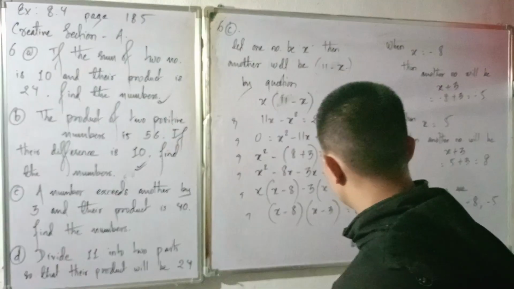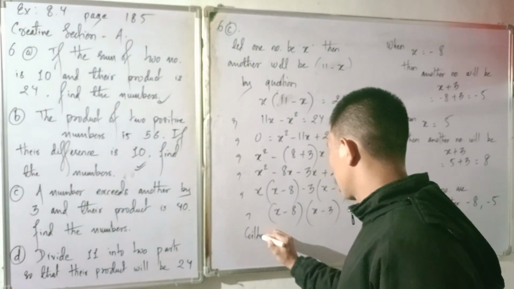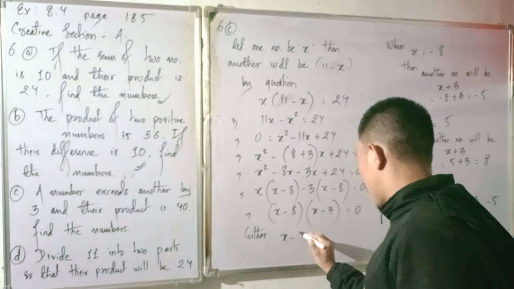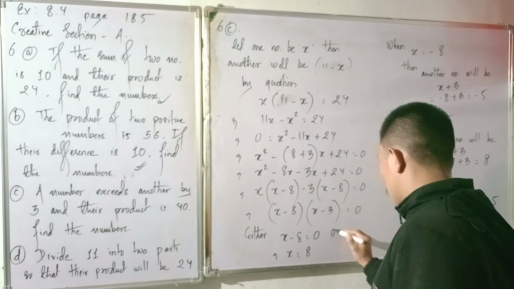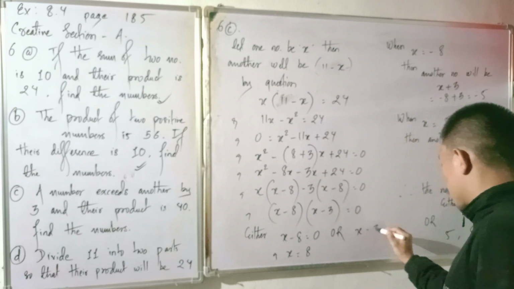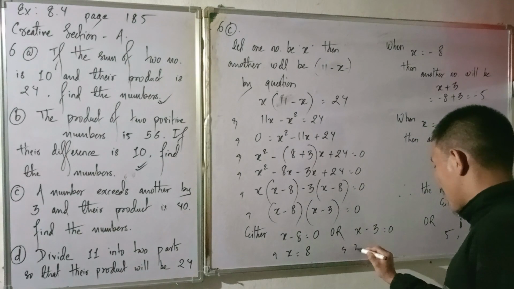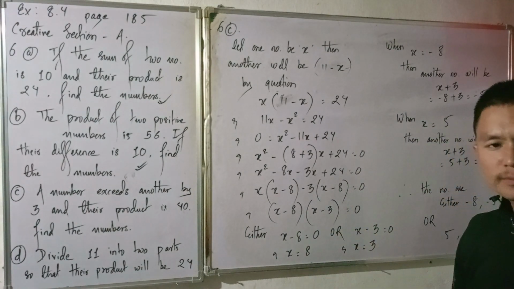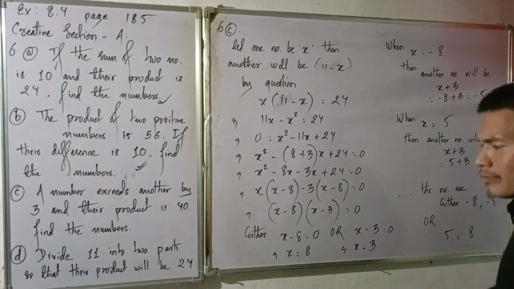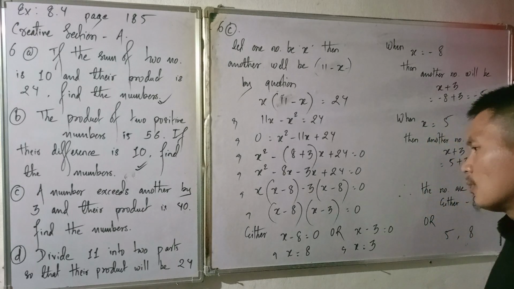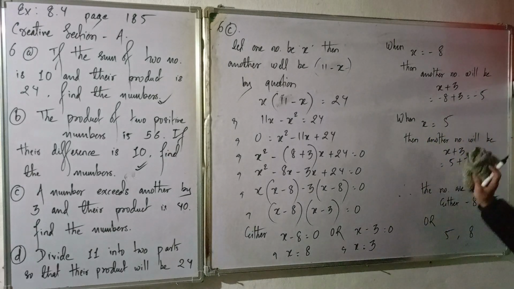Now you take either x minus 8 equals 0, so x equals 8, or x minus 3 equals 0, so x equals 3. So the product will be 24.